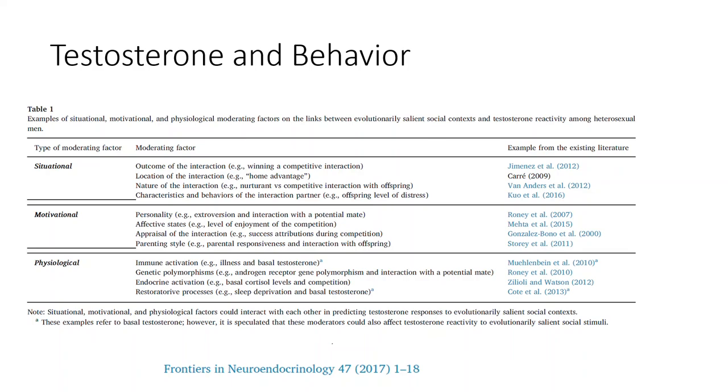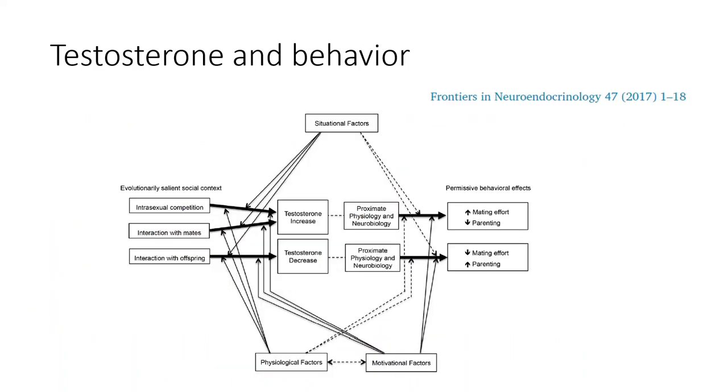So here you see that when men are engaged in intrasexual competition, that is, men competing with each other either in games or trying to get the attention of the girls, there's increased testosterone, but also during camaraderie. When they're being friendly with each other, there's an increase in testosterone.